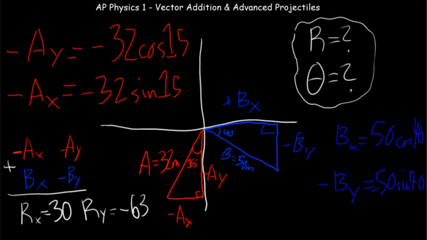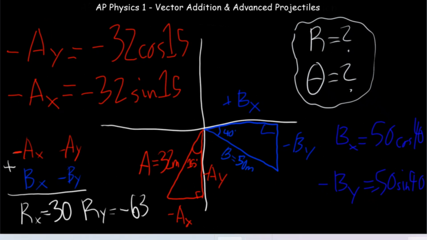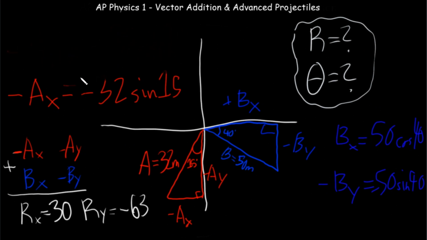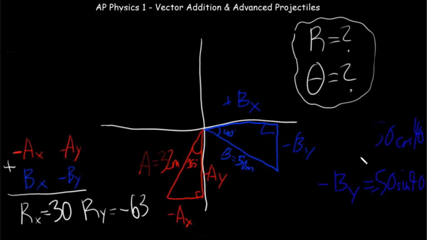And by the way, your negative values are indicative of direction, not it actually being negative. So just keep that in mind. So I'm going to go ahead and erase these values because we don't need them anymore. Okay. Erase these.